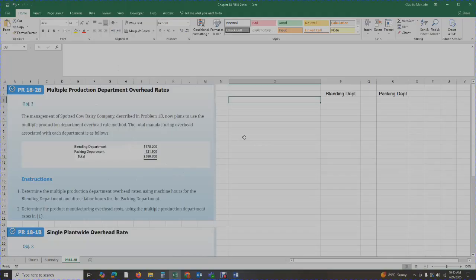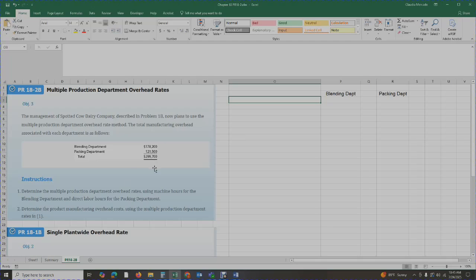It says the management of Spotted Cow Dairy Company described in problem 1B now plans to use the multiple production department overhead rate method. The total manufacturing overhead associated with each department is as follows. So the overhead is going to be $178,200 for the blending department and $121,500 for the packing department, for a total of $299,700.